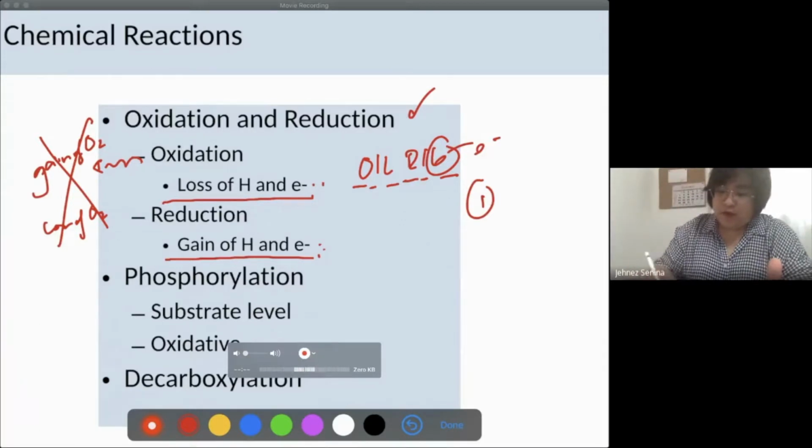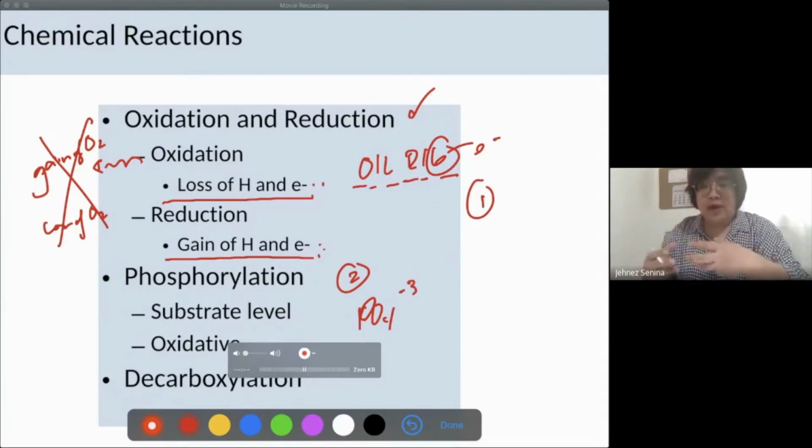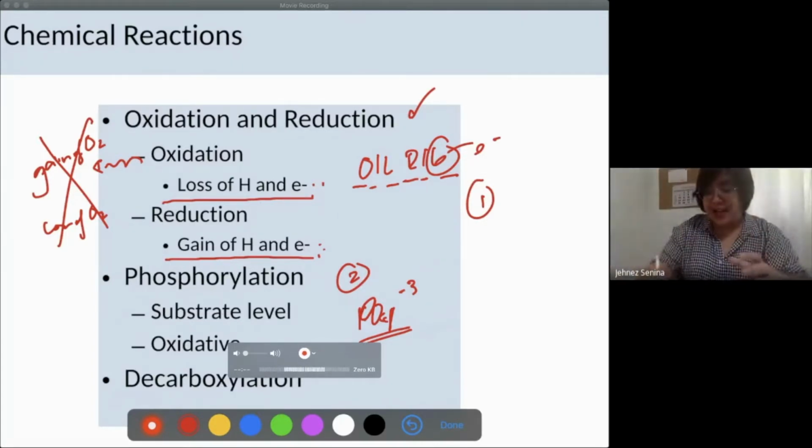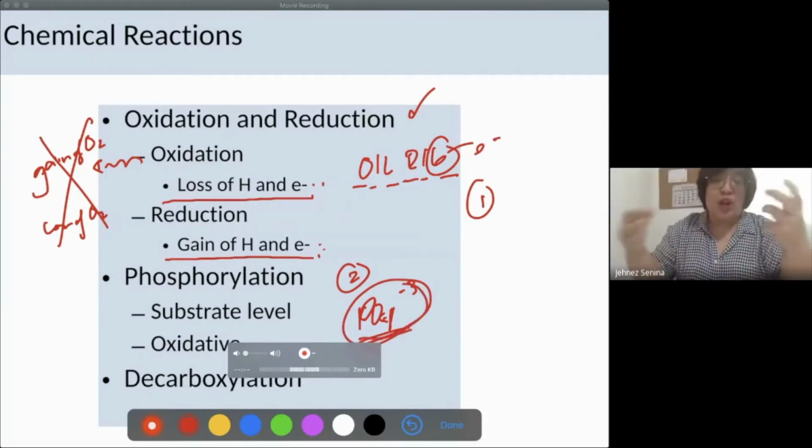Number two is phosphorylation. What is phosphorylation? Phosphorylation is when you're adding a phosphate to a molecule. Remember, this is a polyatomic ion, PO4 3 minus, something you had to memorize before. So phosphorylation is adding a phosphate group to a molecule.